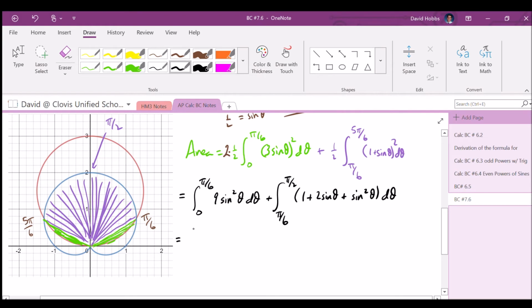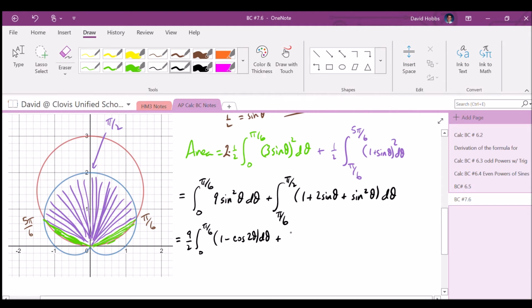So substituting, and I can bring the 1/2 out and the 9 out as well. So 9/2, 0 to pi over 6, and we would have 1 minus cosine of 2 theta d theta.